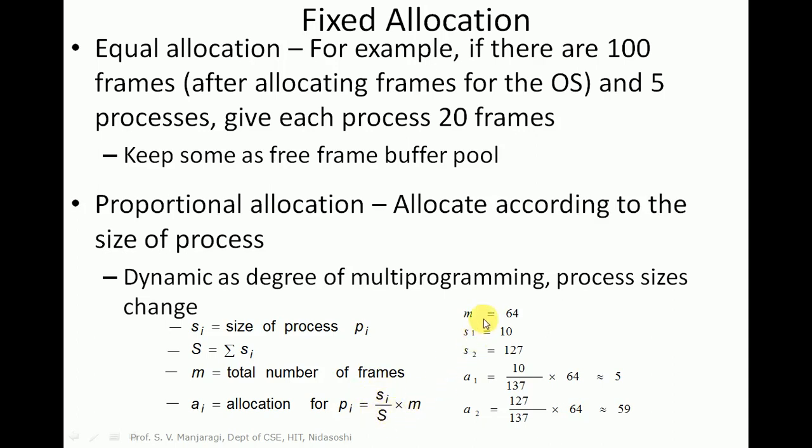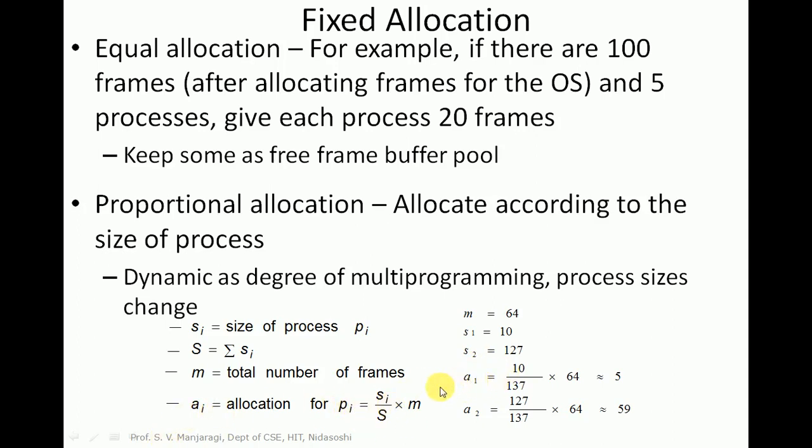For example, M equal to 64. The number of frames available in the system is equal to 64. For process P1, the size is 10. For process P2, the size is 127. And the total size will be 127 plus 10, that is 137. Now let us allocate the frames to process P1. So we calculate A1 here, where I is equal to 1 for process P1.